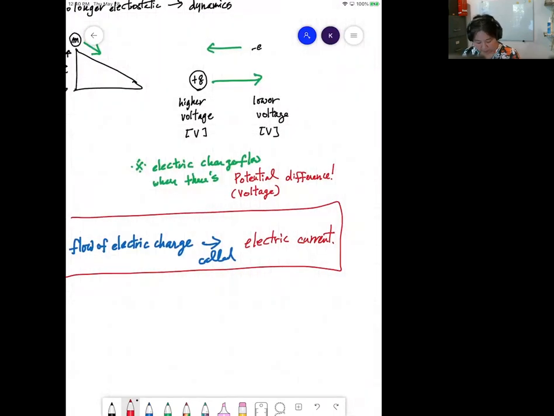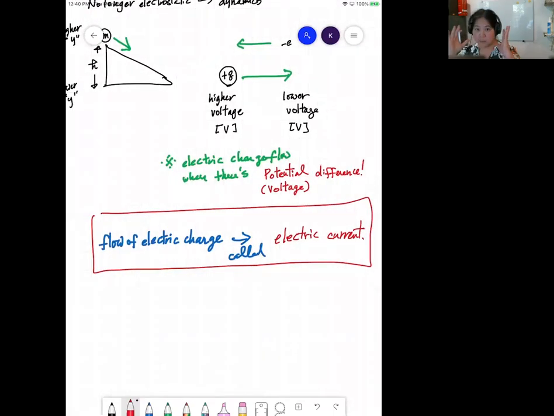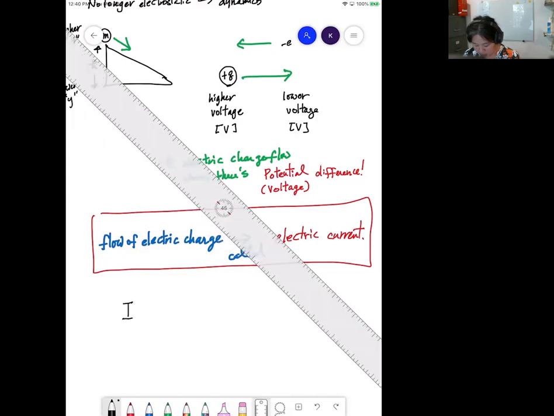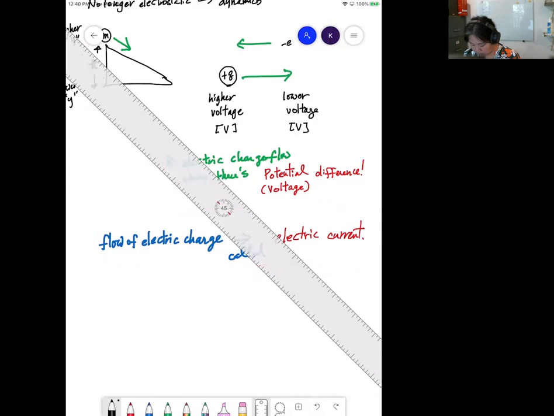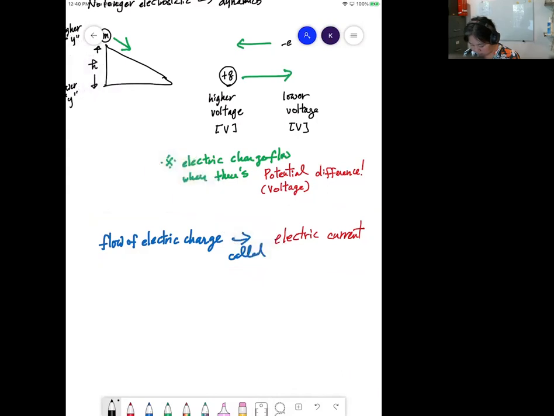All right, so the flow of electric charge is called electric current. How do you quantify it?